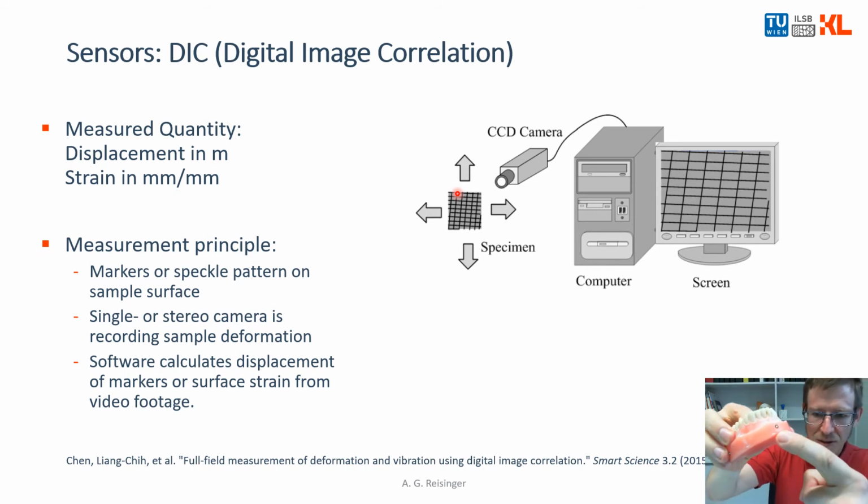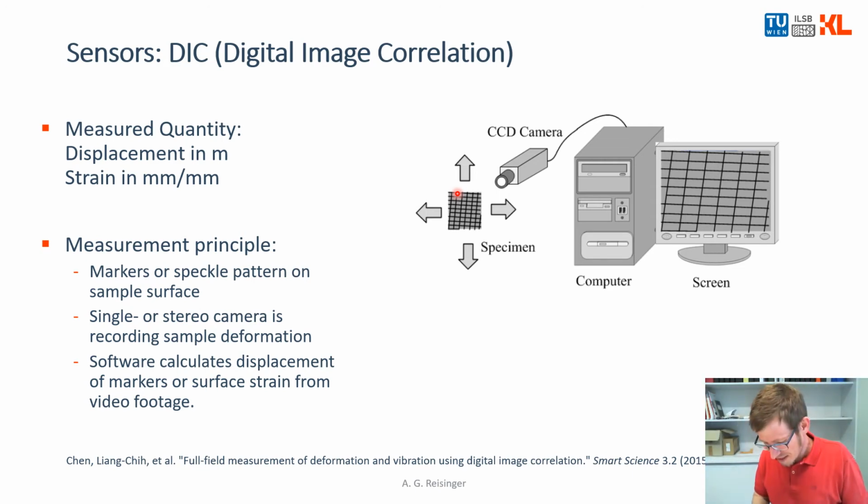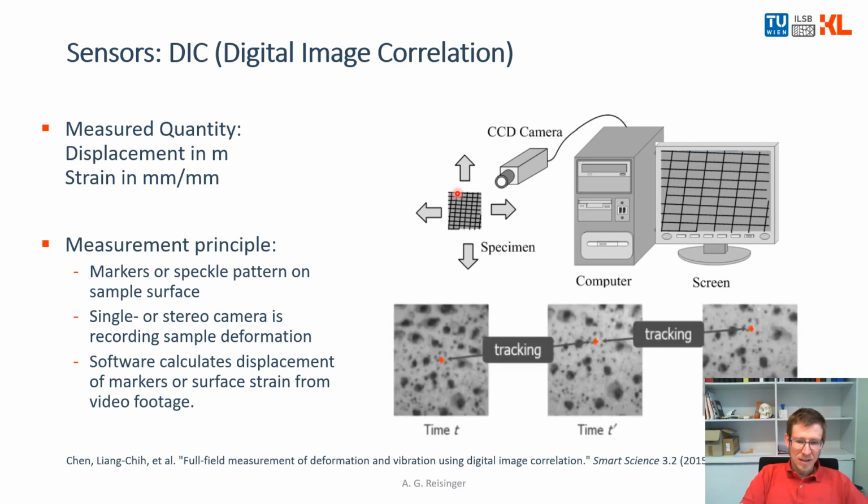So this is a glued on marker, and this can be tracked in 3D space, or you have a speckle pattern. That means you have a spray paint with dots that are tracked. This is what is shown here. So the algorithm is then tracking, for example, this point over time in the image.